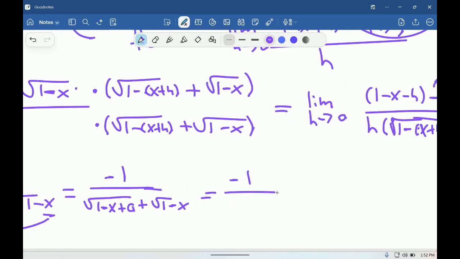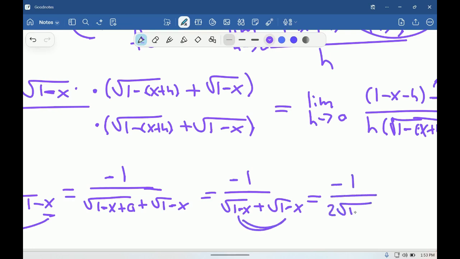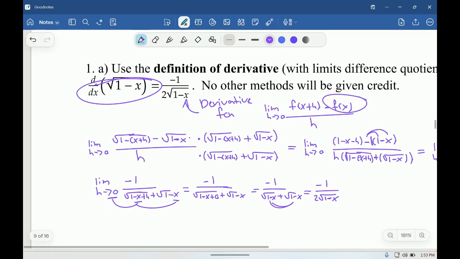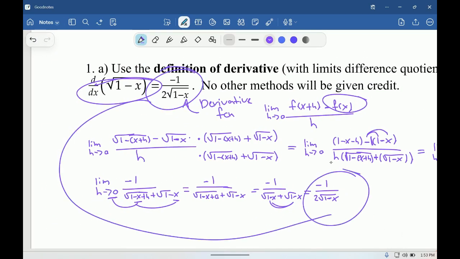We're going to simplify this, so it's the square root of 1 minus x plus the square root of 1 minus x. And then combining these two, you would get negative 1 over 2 square root of 1 minus x, which as we can see is exactly what we had to prove, and they're both the same.